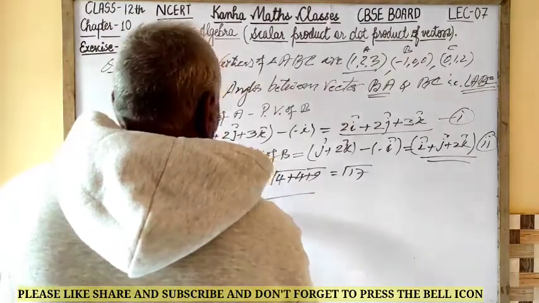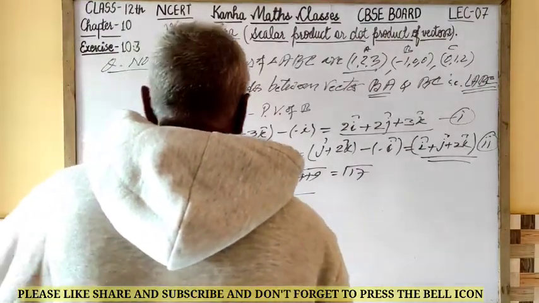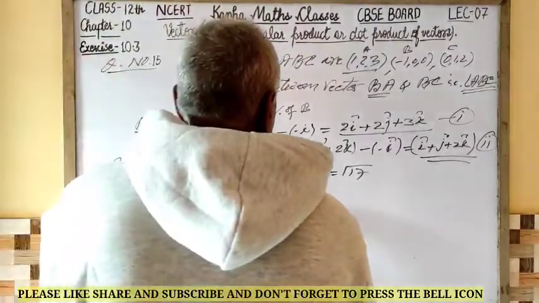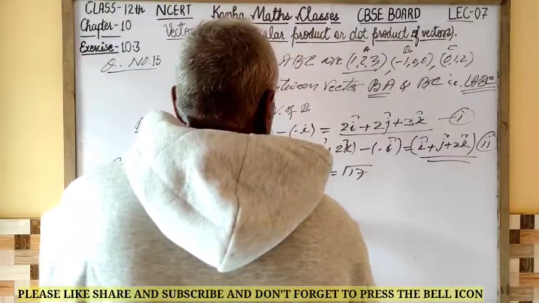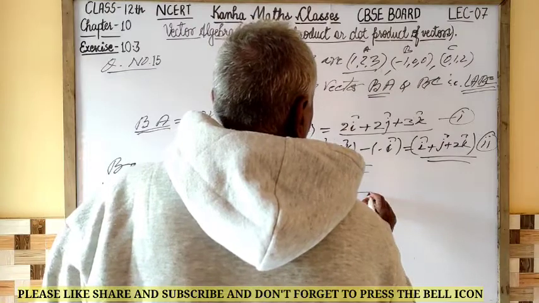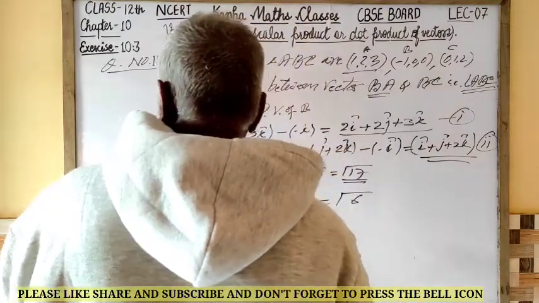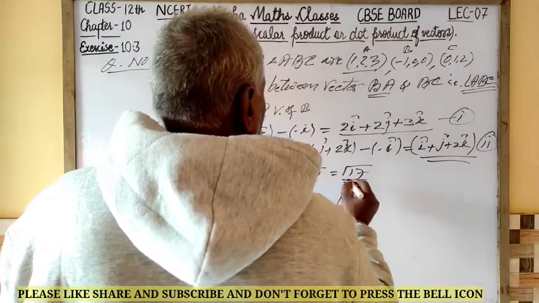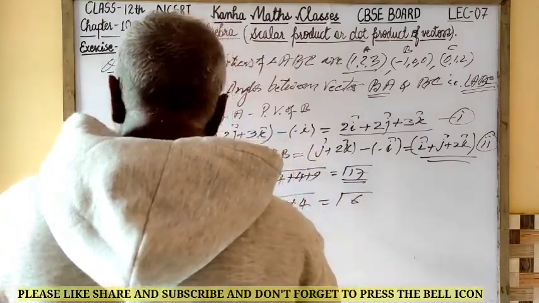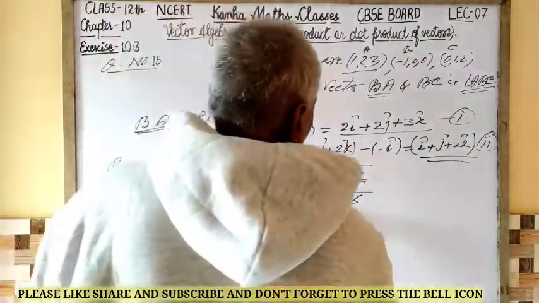Now this is 1 plus 1 plus 4. This is under root 6. Magnitude of the vector BA is root 17 and magnitude of vector BC is root 6.